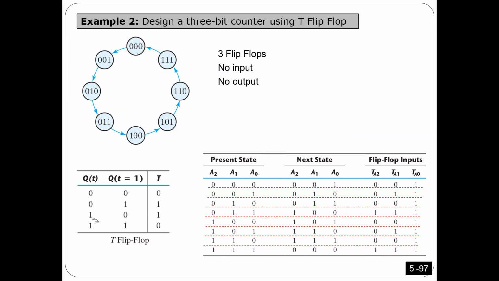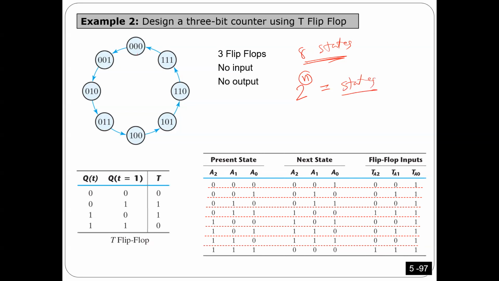Any questions? Given this state diagram, you need to ask yourself, this is a very straightforward case, but usually, how many flip-flops do you need based on the number of states? In this case, I have 8 states, and there is a relation: 2 to the power of n flip-flops give you the maximum number of states.